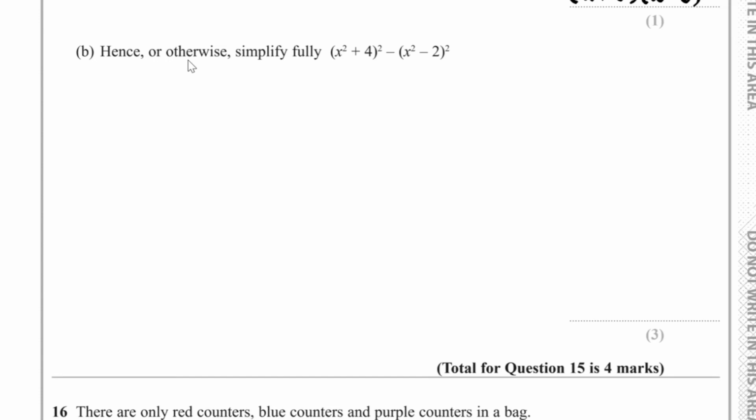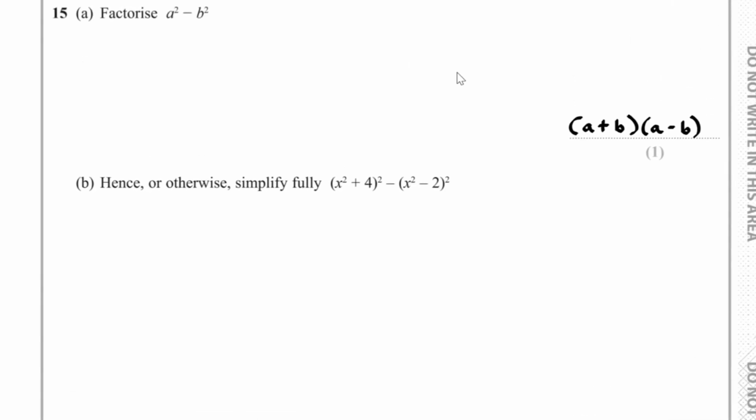Then for part B, hence or otherwise, we have to simplify fully x squared plus 4 all squared, subtract x squared minus 2 all squared. Well, if we compare with a, then what we can see is the value of a is x squared plus 4.